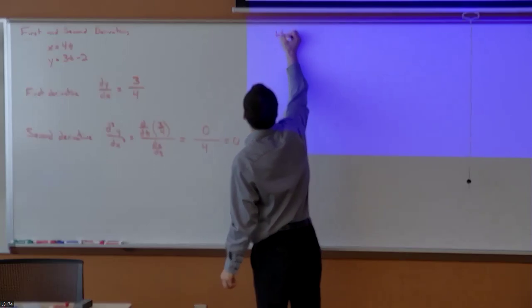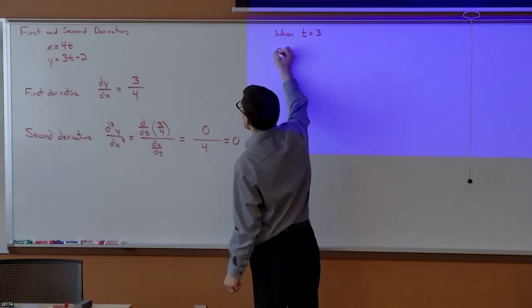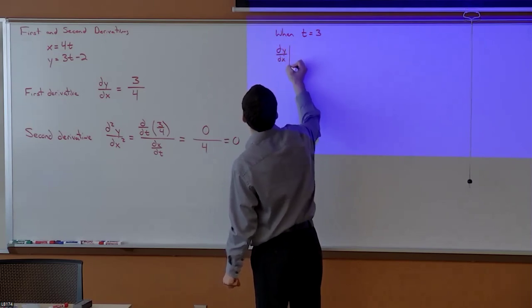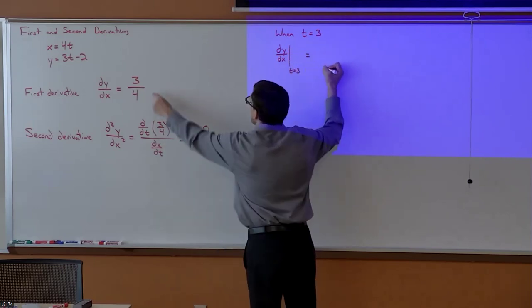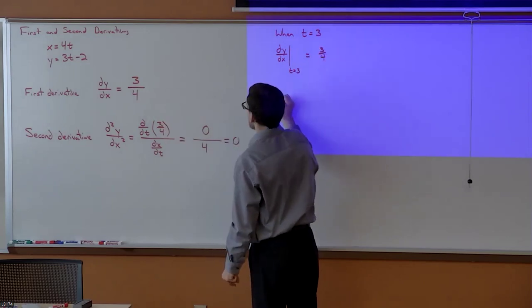Now, when t equals 3, the derivative of y with respect to x is just 3/4, or 0.75.